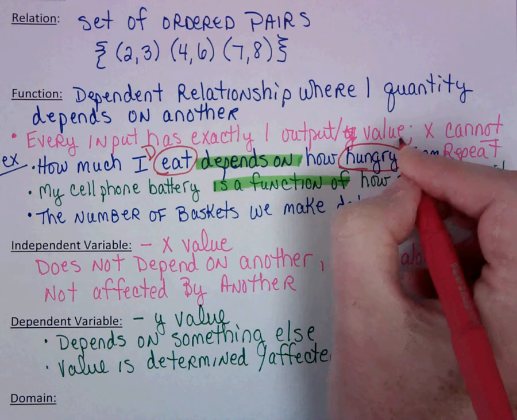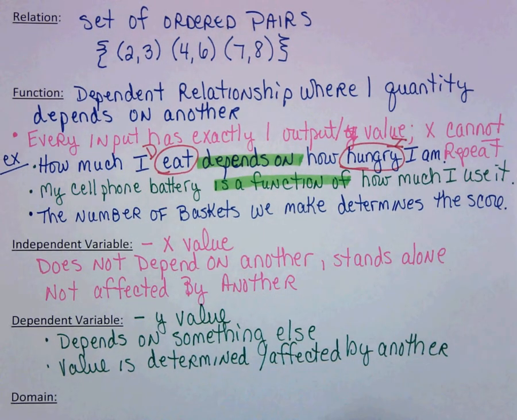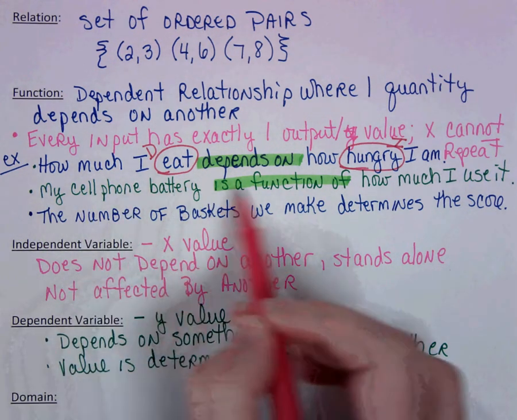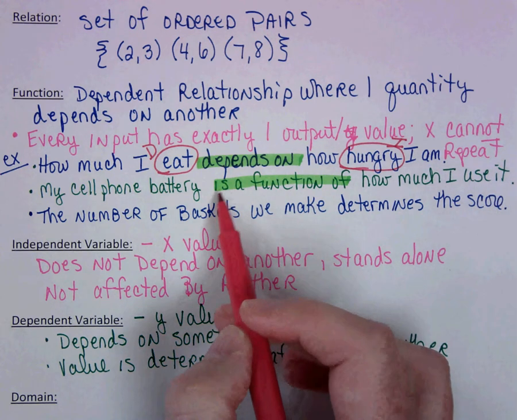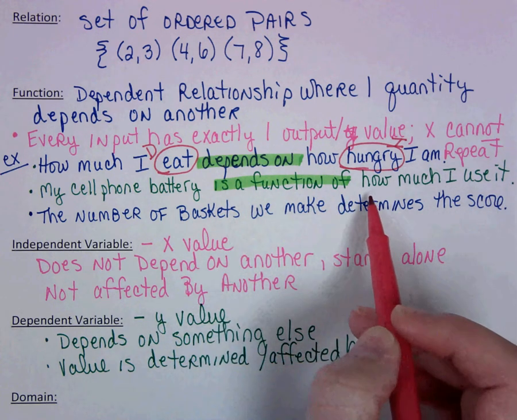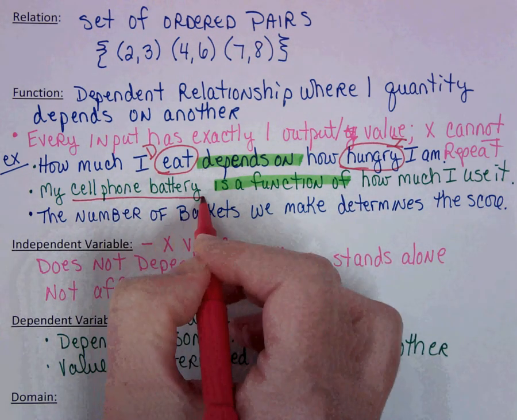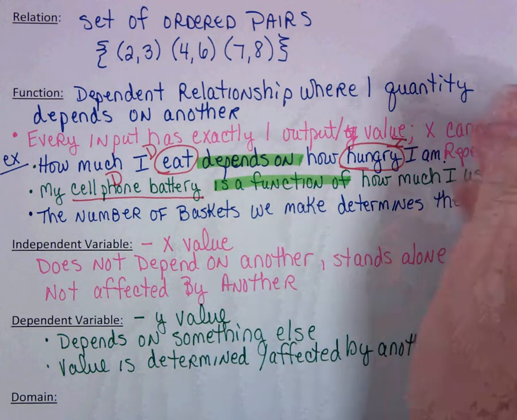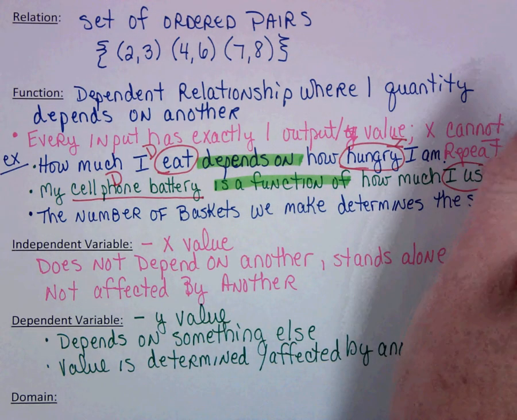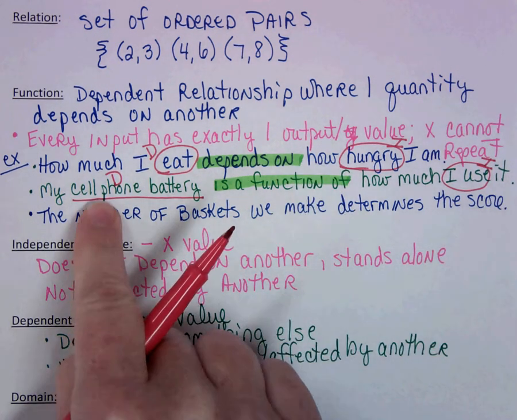So my hunger is my independent. In the next statement, my cell phone battery is a function of how much I use it. Remember, is a function of means the same thing as depends on. So my cell phone battery life is my dependent, and how much I use it is my independent. My independent is affecting the battery life.